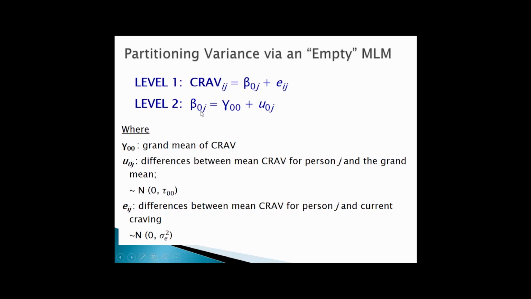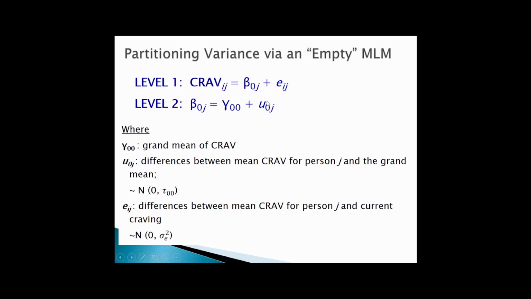Then at level 2, we can estimate how those means, how those intercepts differ between people. Okay, and so we can say that the mean of craving for person j is a function of the grand mean of craving in the sample, and that's the gamma 00 parameter, plus the deviation or the difference of their mean from the grand mean, which is represented by the U parameter.